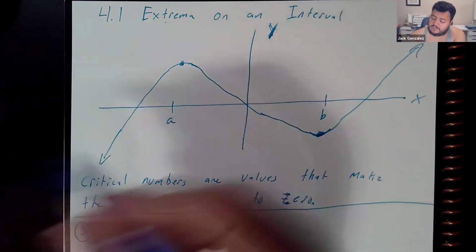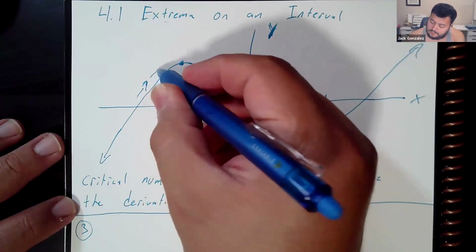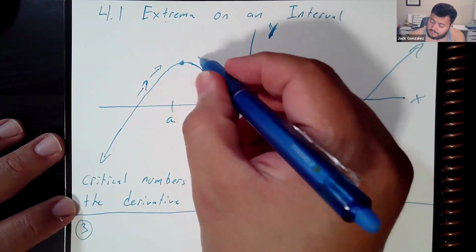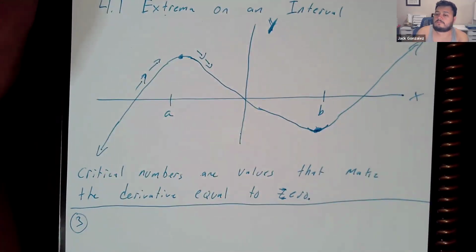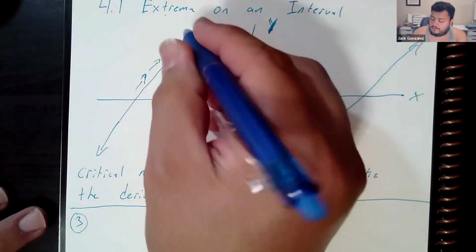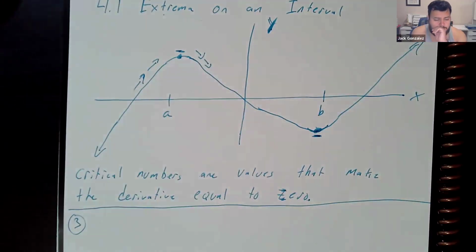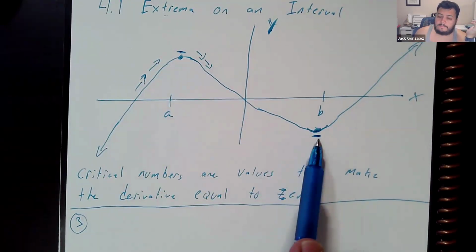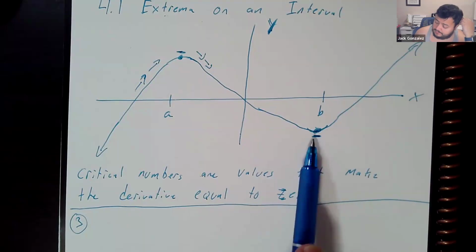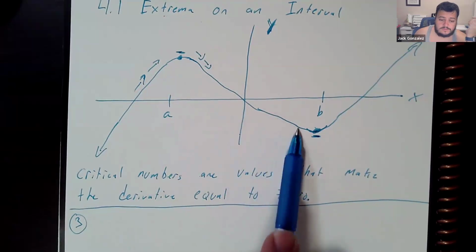So using the ideas of tangent lines, knowing that right here my slope is increasing, down here it's decreasing. But right here it's equal to 0, and over here it's equal to 0. So knowing that the tangent line slopes are 0 here and there, then that means we can find the location of maximums and minimums.